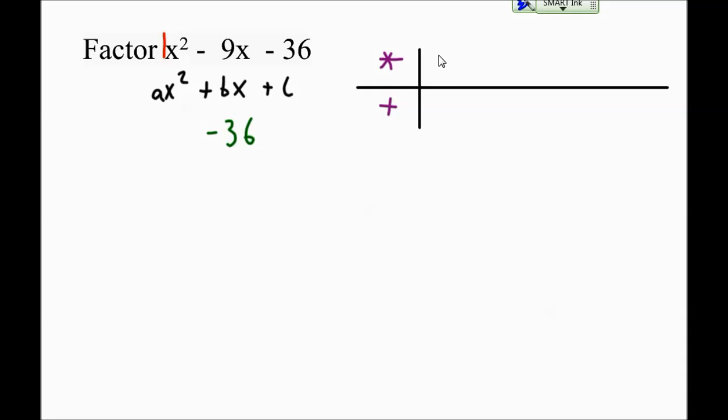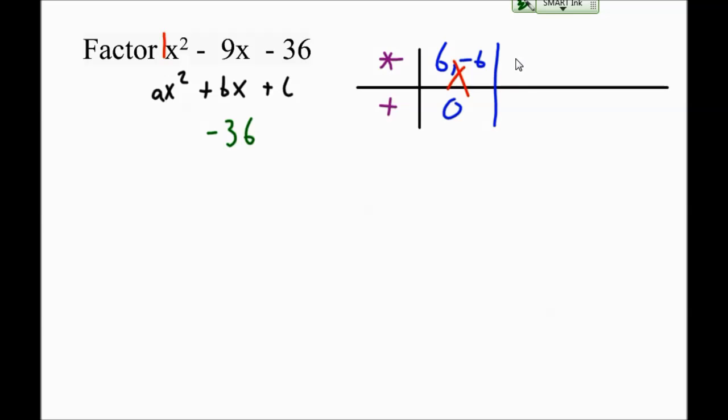What about 6 and negative 6? Why not? 6 and negative 6. So 6 times negative 6, that's negative 36. But 6 plus negative 6 is 0. Well, that doesn't equal negative 9, so it's not going to work. You can put an X there or something to make sure you know you don't use it.